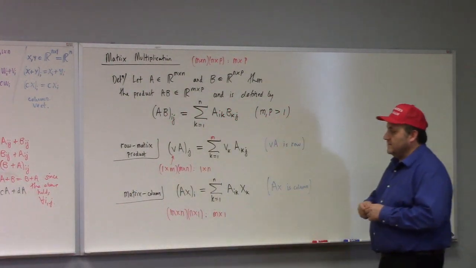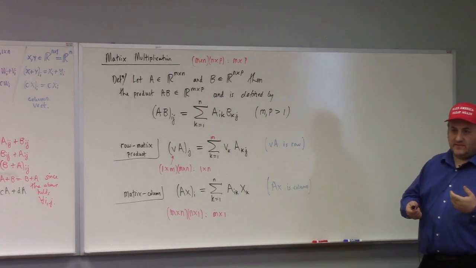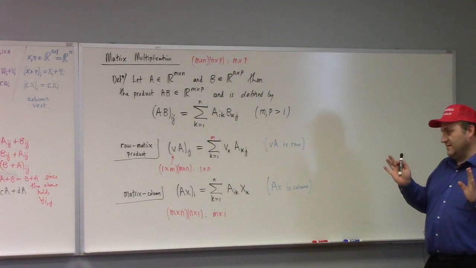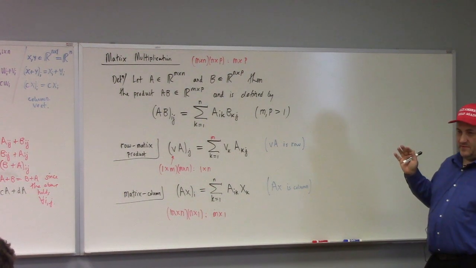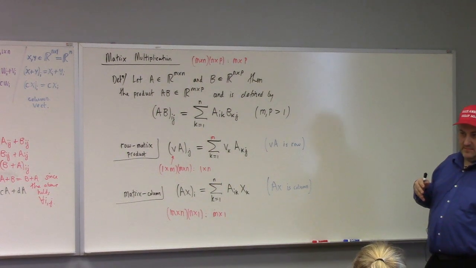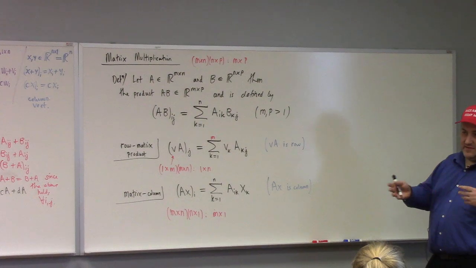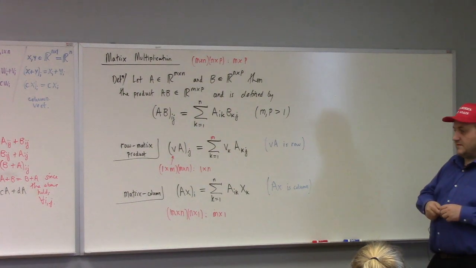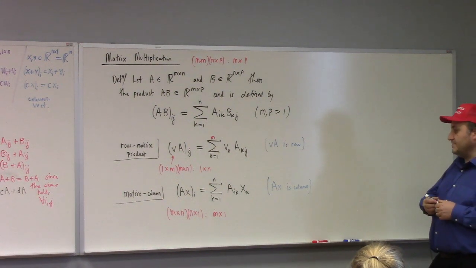What if we had not a genuine matrix? Although, okay, this is the thing: a column is a matrix, a row is a matrix, even a number is a matrix in a certain respect. It's a 1 by 1 matrix, right? So I have to be careful with what I say about that.